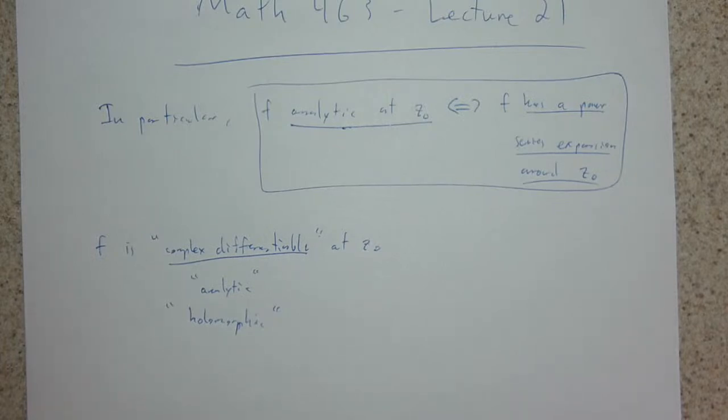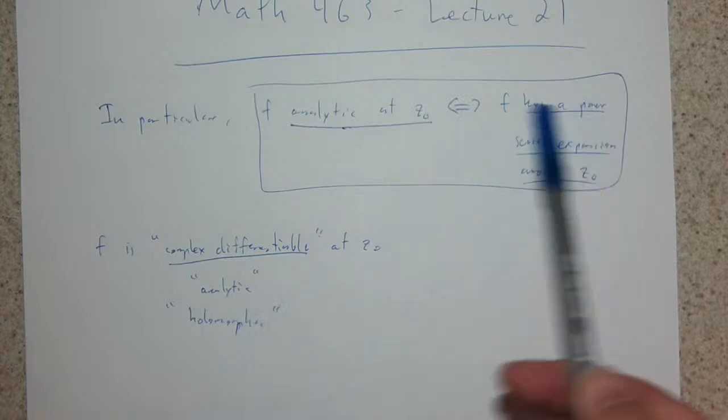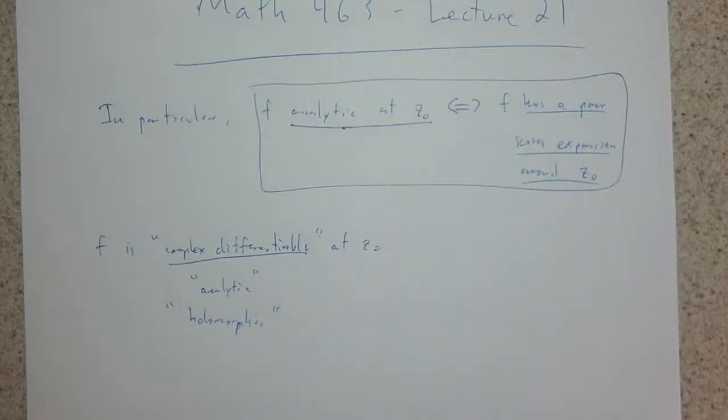All those theorems about analyticity that we had before, we would just replace the word analytic with holomorphic. And if we had done that, this statement would be f is holomorphic at z0 if and only if f has a power series expansion around z0, and we could define having a power series expansion around z0 to be analytic. And so this Taylor's theorem is the statement that a holomorphic function is analytic.